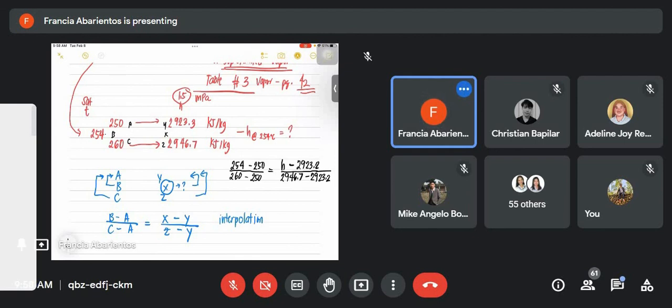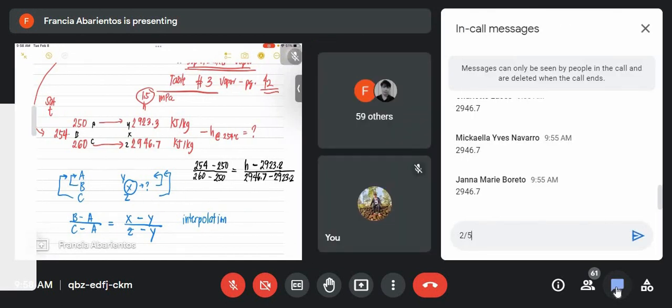Simplify the left side first: 254 minus 250 over 260 minus 250 is 2/5.